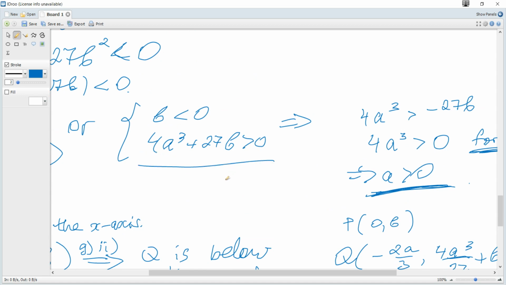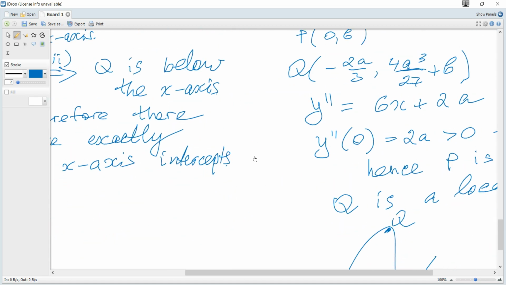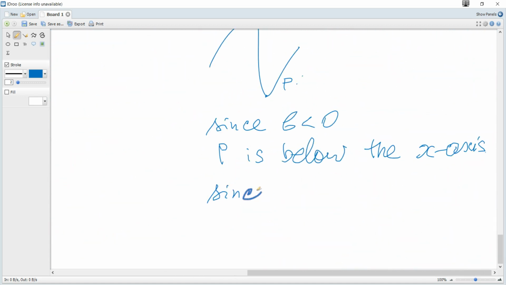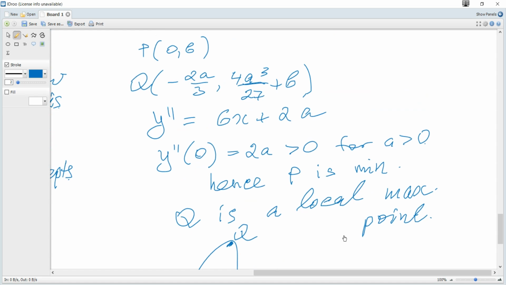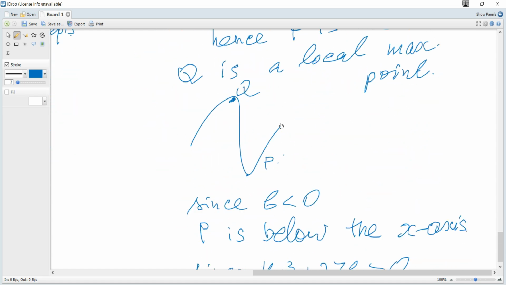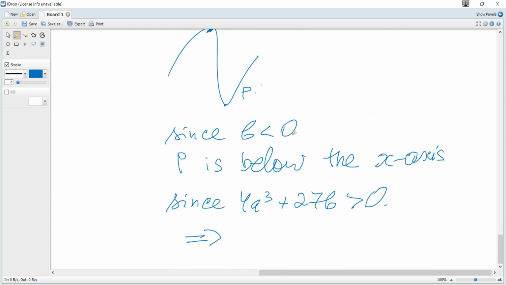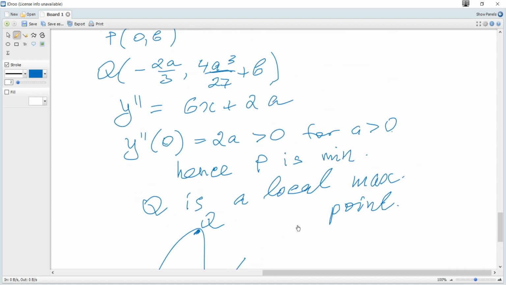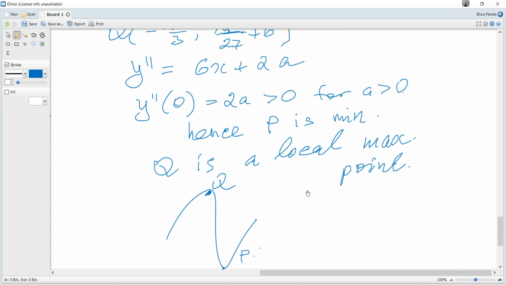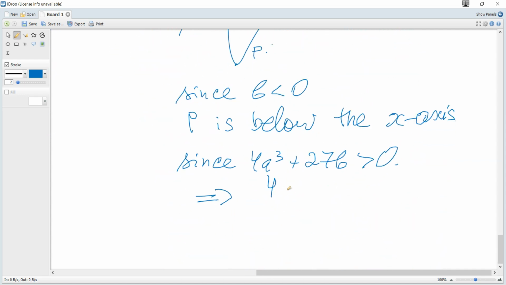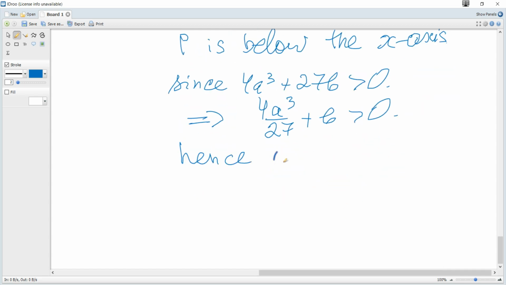Since 4a cubed plus 27b is greater than 0, it implies that the y coordinate of Q is greater than 0. So it's quite clear that 4a cubed over 27 plus b also will be greater than 0, hence Q is above the x-axis.